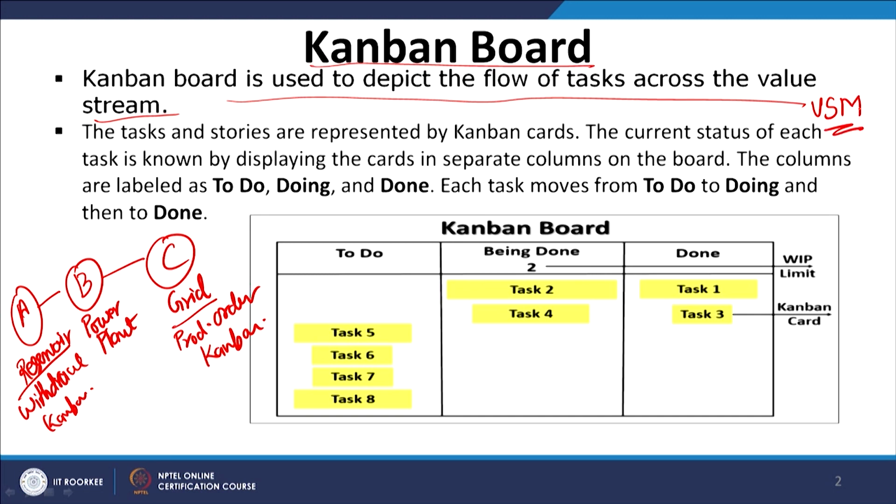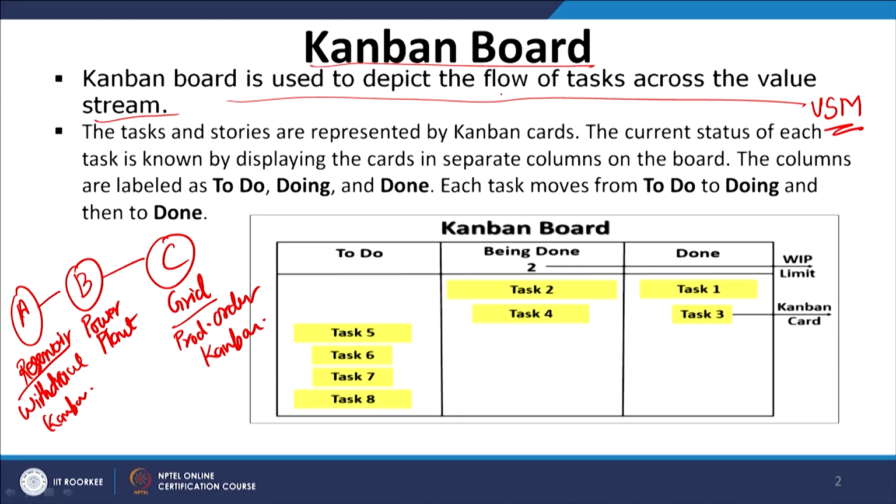So, the concept of value stream mapping, that how flow of activities are taking place on that value stream.